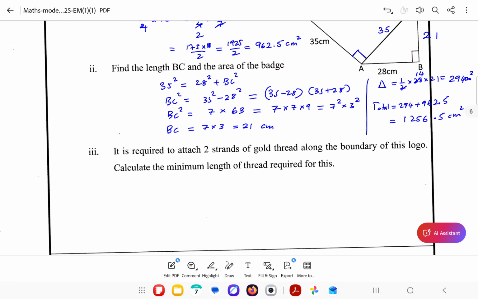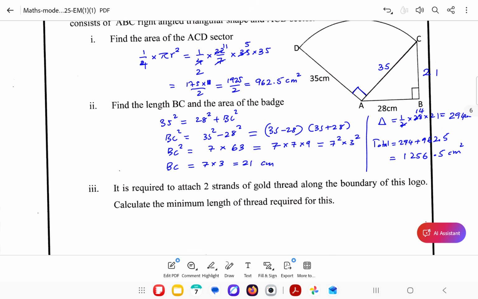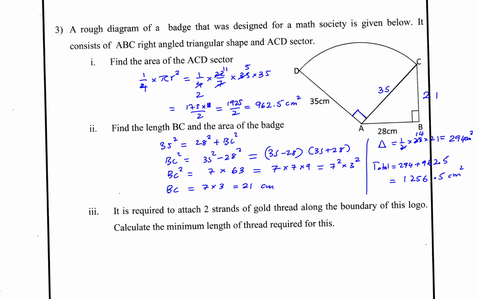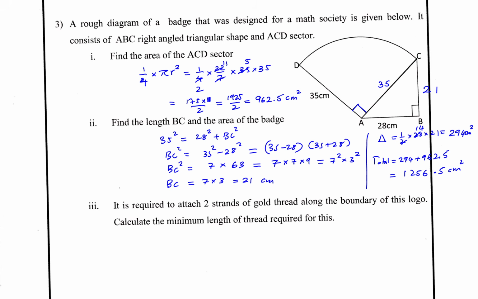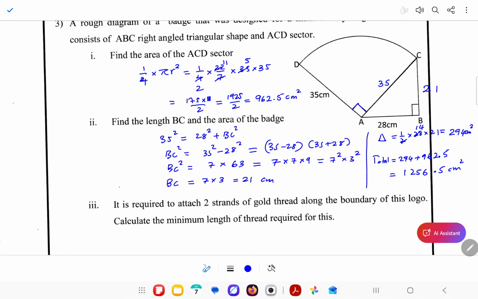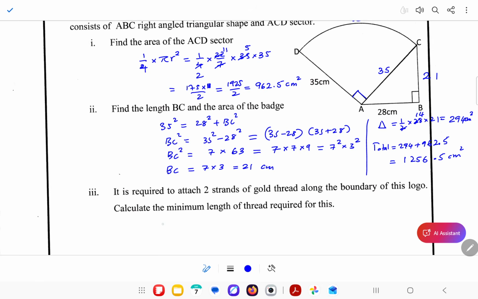Right, next one is, it is required to attach 2 strands of gold thread along the boundary of this logo. Calculate the minimal length of thread required for this. So then we have to calculate this length, CD length, that arc length. So that is a quarter circle, no?